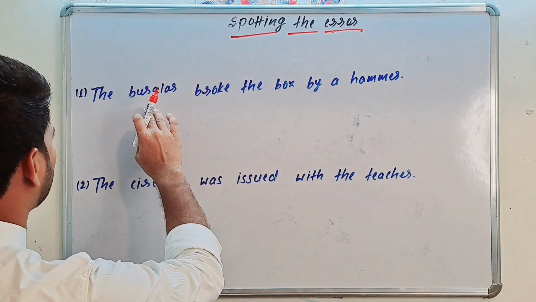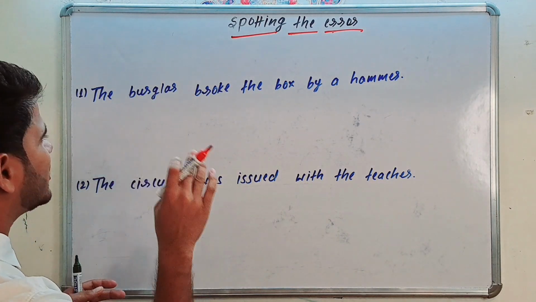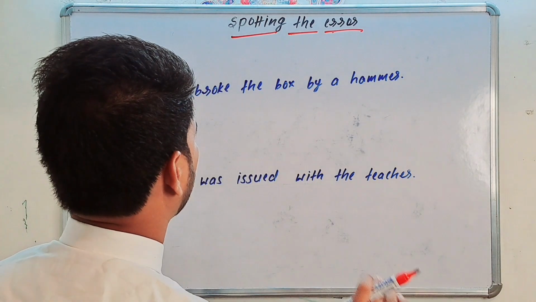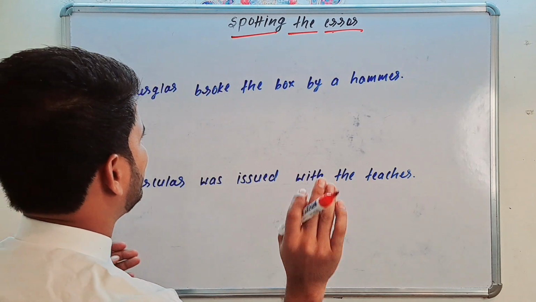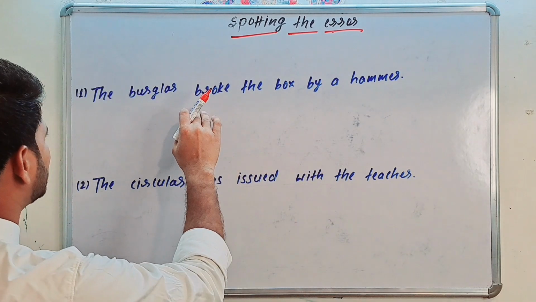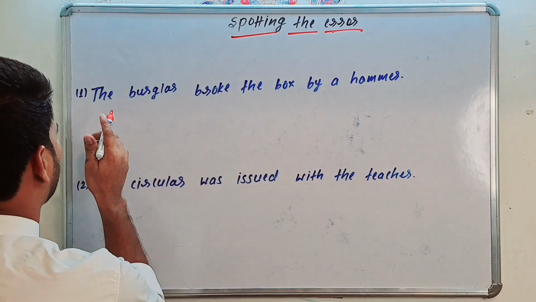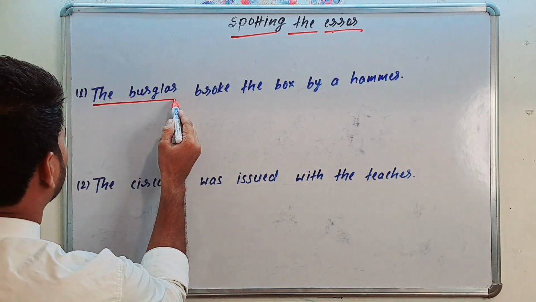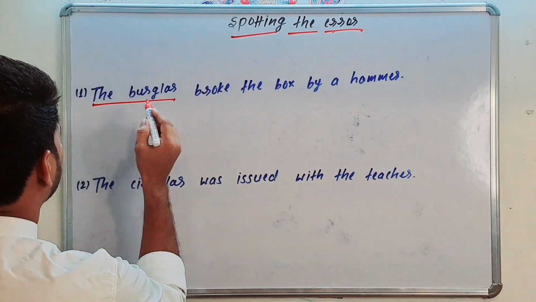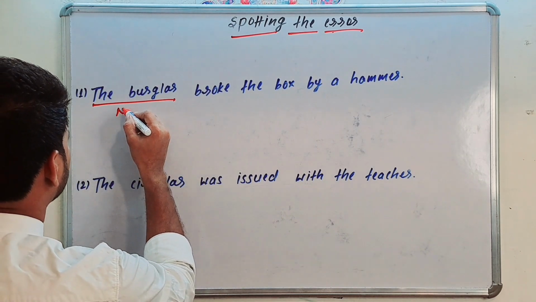Let's start now. The first sentence: the burglar broke the box by a hammer. So this is your sentence, and spot the error part. See here, the burglar. This is your noun phrase.